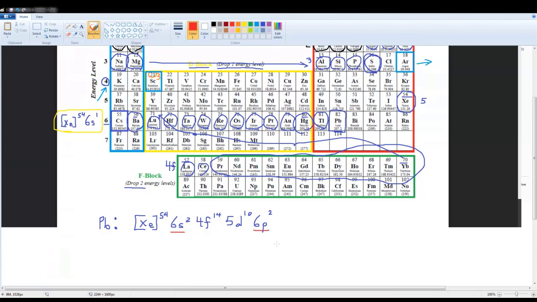Those are the ones that are going to be furthest away from the nucleus. Those are your outermost electrons, and as a result, those are the ones that are going to interact with the other elements around them. So these are the ones that are important for bonding. These are your valence electrons. That's a total of 4 valence electrons.